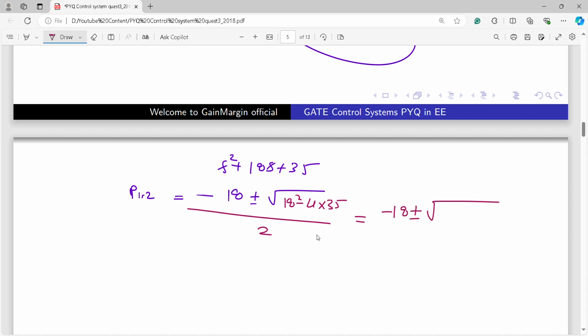So let me solve it. 18 square is 324, minus 4 into 35, so it's coming out 184, by 2.